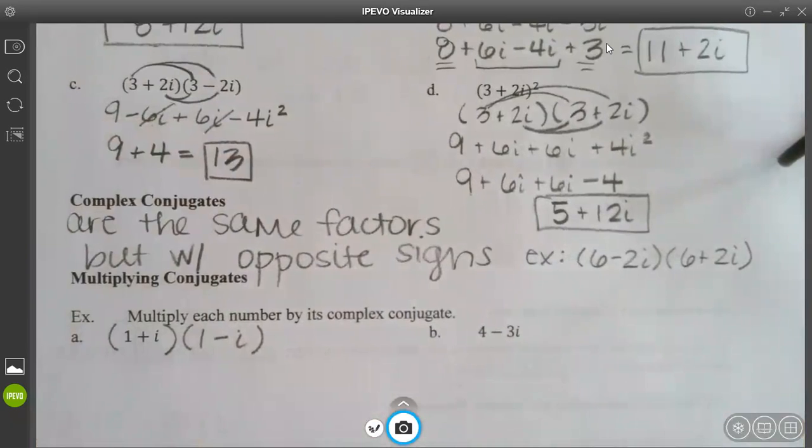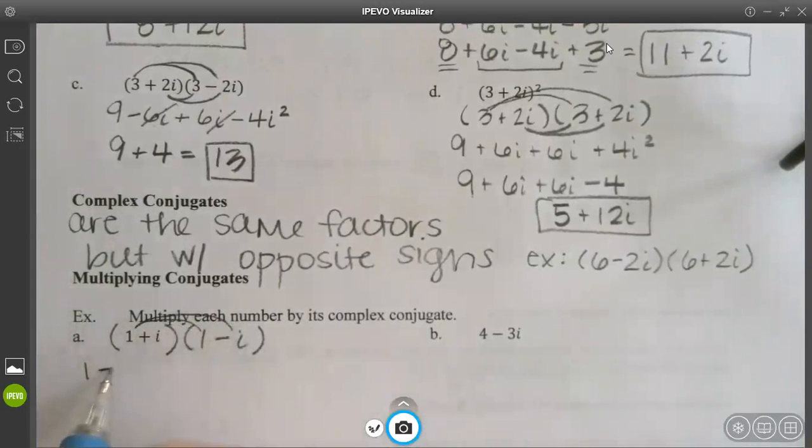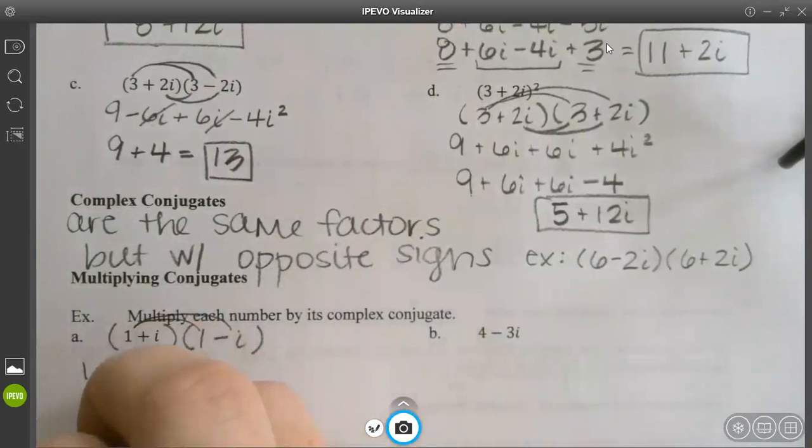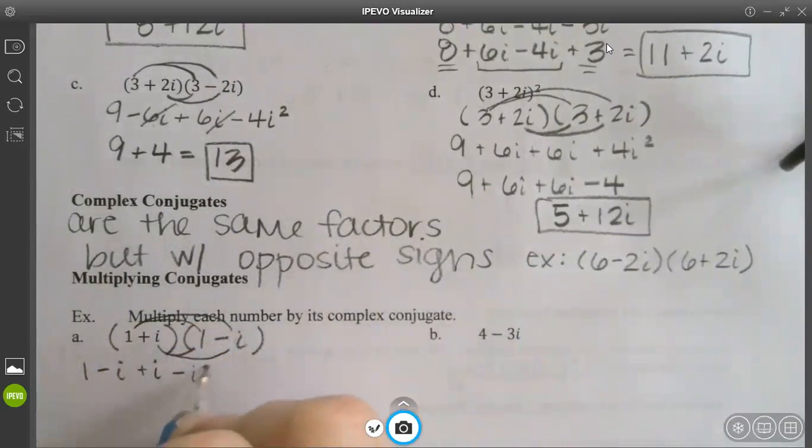So to do a little cheater method, you can just multiply the front and the back because the middles are going to cancel out. Okay, so I'm going to show you all the way and then I'll show you what I'm talking about. Okay, so 1 times 1 is 1. 1 times -i is -i. i times 1 is i. And i times -i is -i squared.